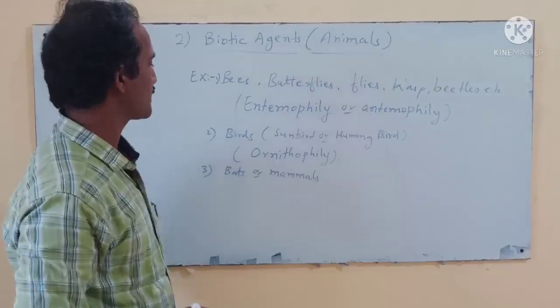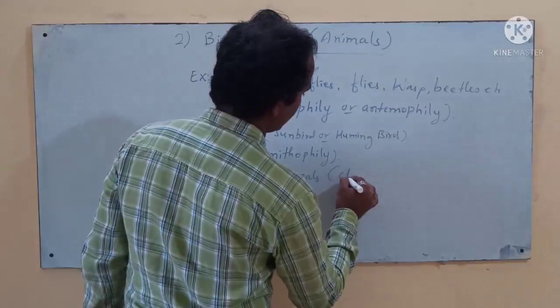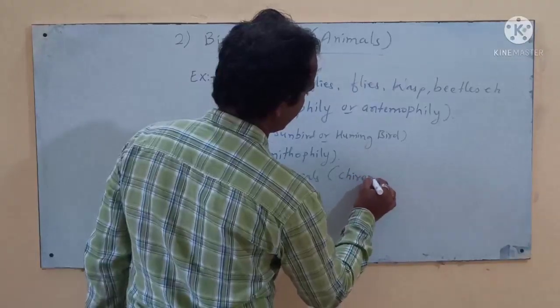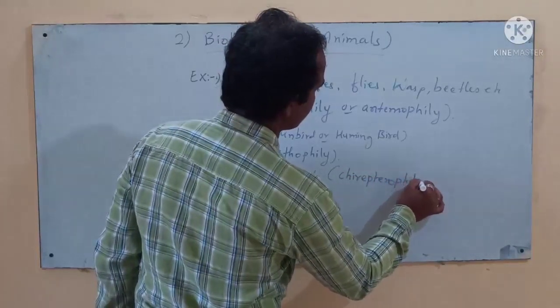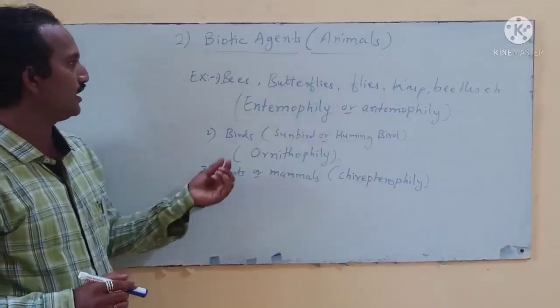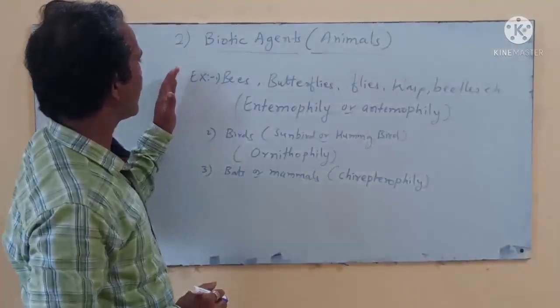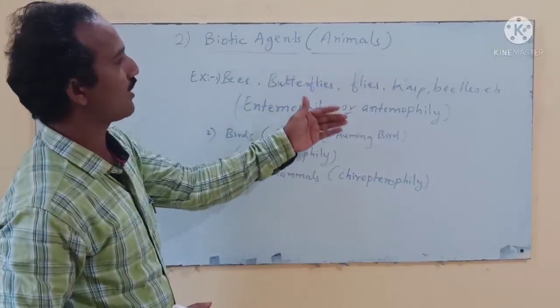That type of pollination is called Hydrophilic. Here the pollination takes place through bees, butterflies, flies, wasps, beetles.